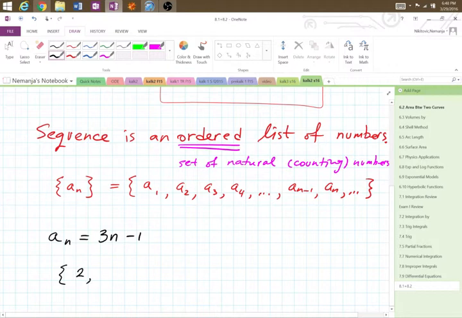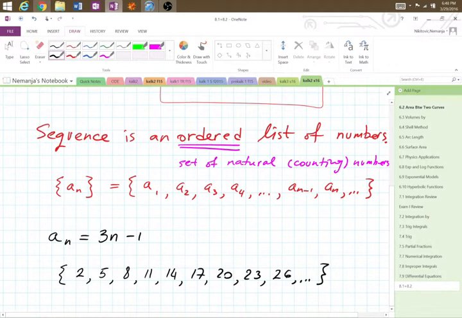The next natural number after 1 is 2. So 3 times 2 is 6, minus 1 is 5. 3 times 3 is 9, minus 1 is 8. 3 times 4 is 12, minus 1 is 11. 3 times 5 is 15, minus 1 is 14. And you quickly pick up the pattern that you are adding 3 to each one of these as you go on.